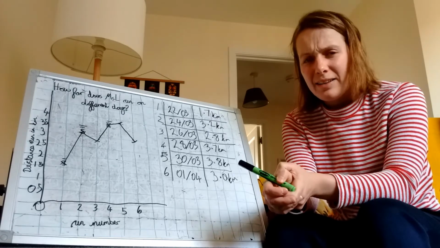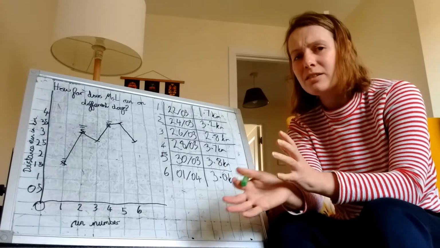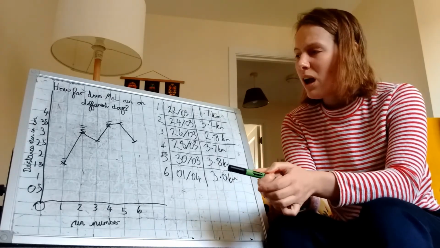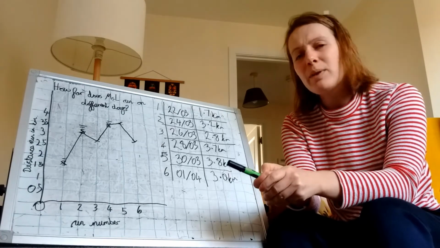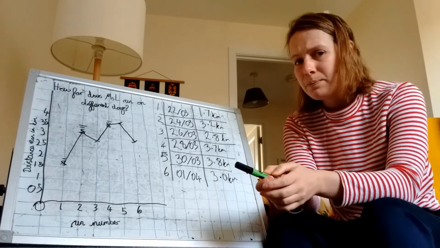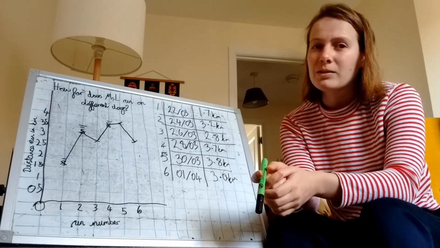Are any days on there surprising? Do any days break the pattern of how it's been going? How far might you expect that I would go on run number 7? Some things to think about.